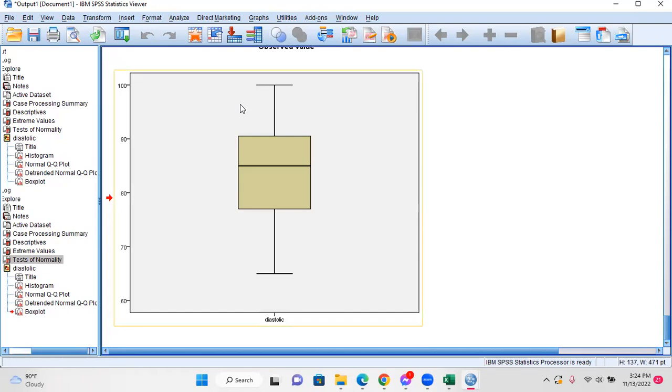Pag may mga bilog-bilog dyan at asterisk, ibig sabihin may outliers. So, walang outlier. So, very good. So, pasado tayo sa assumption ng outlier and normality.